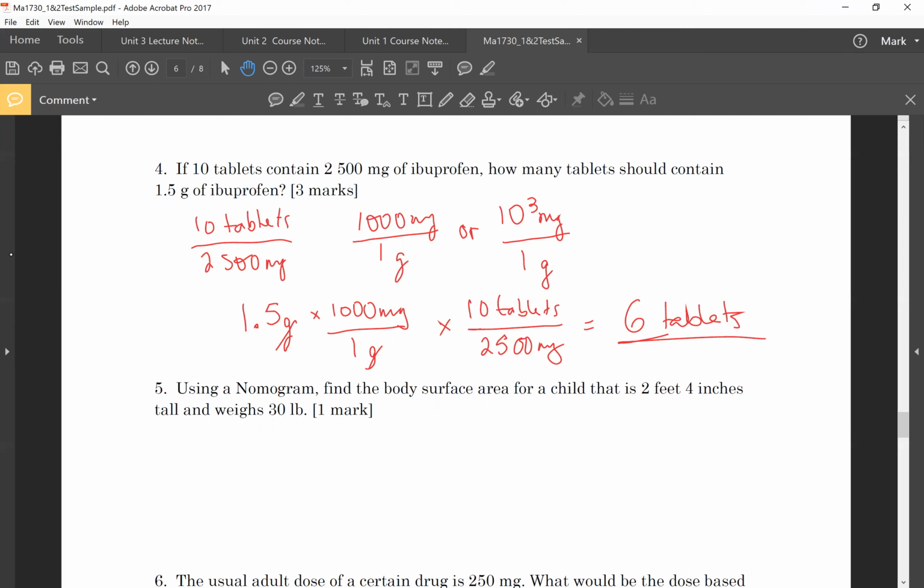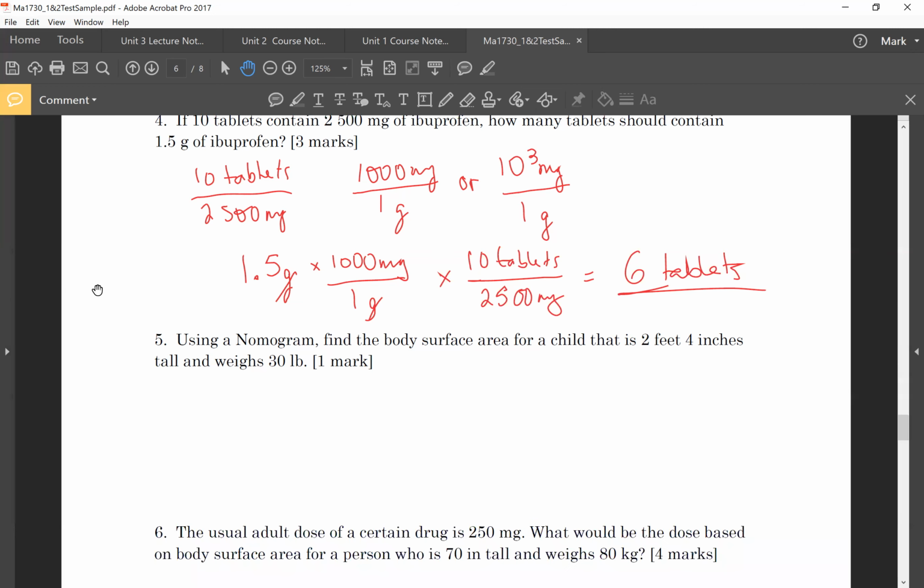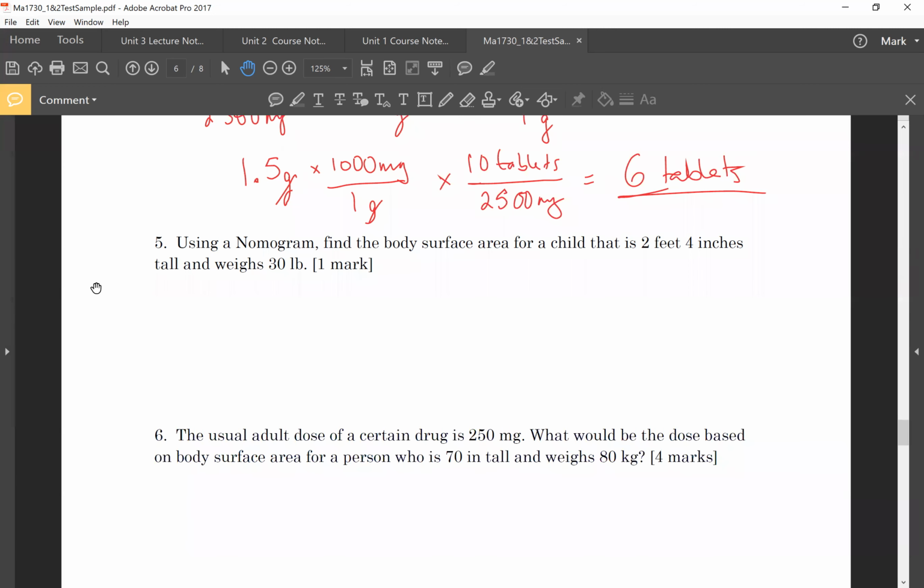So you could say 5.5 tablets or 6, but just think about medicine when you're rounding. If you're delivering a dose, the dose should be rounded up to the nearest whole number. Again, if it said 12.8 doses, a doctor would probably just prescribe you 13. Anyways, just a suggestion. I'm not going to take off marks for significant figures like I would in chemistry.